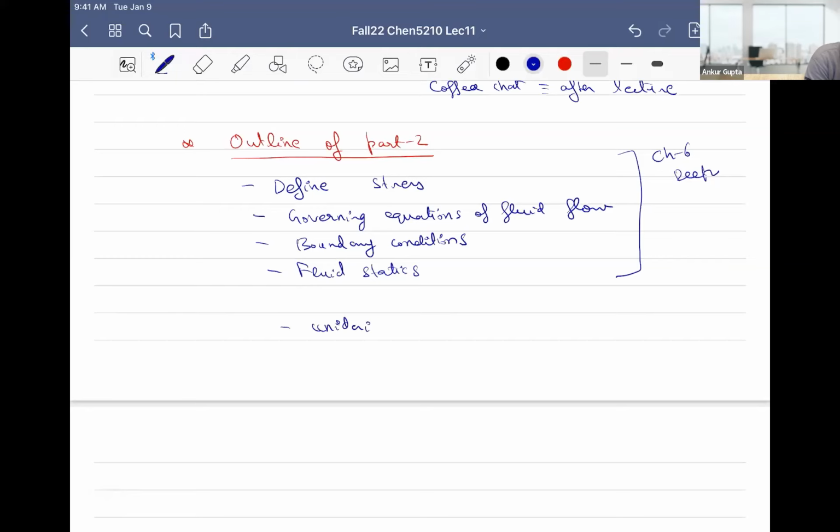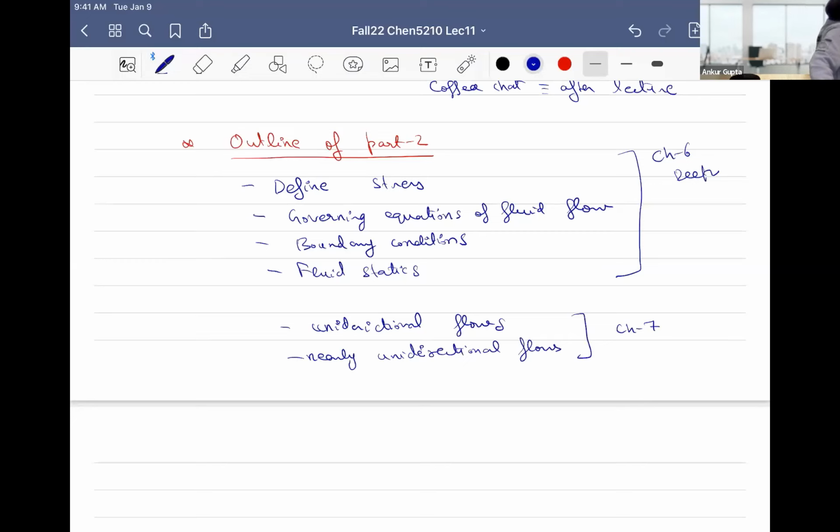Think of these as the 1D problems that we were doing. Then we'll have nearly unidirectional flows, the lubrication approximation. These are chapter 7 of Deen's book.